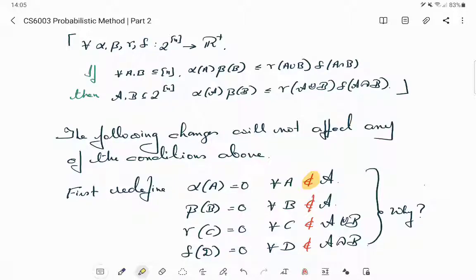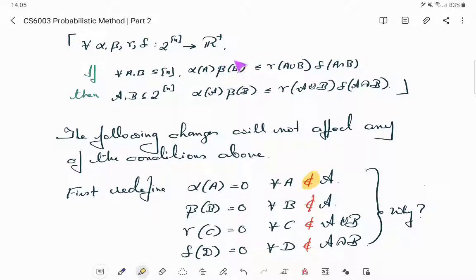I can make the premise weaker, but I am not allowed to make the premise stronger. So by setting it to 0, I don't say anything. But setting this to 0 is asking for a bit of trouble. But then again, it matters only when both A and B are in the family, because otherwise the left hand side itself will be 0.